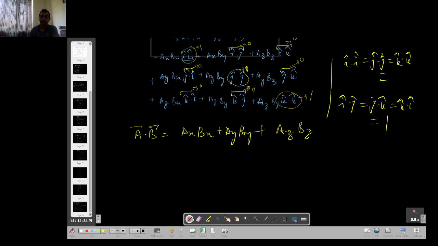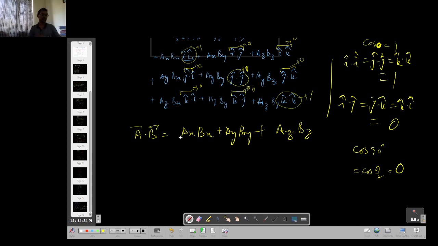Here it is 1 because cos 0 is 1, and cos 90 degrees is equal to cos of pi by 2, so it's always 0. So that's why its value will be 0. We have used these things here and we are getting this one.